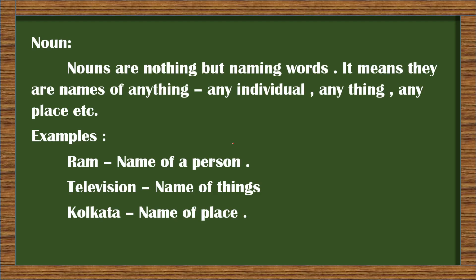They may be names of any individual, or of any thing or place, etc. For example, Ram is the name of a person, television is the name of a thing, and Kolkata is the name of a place.